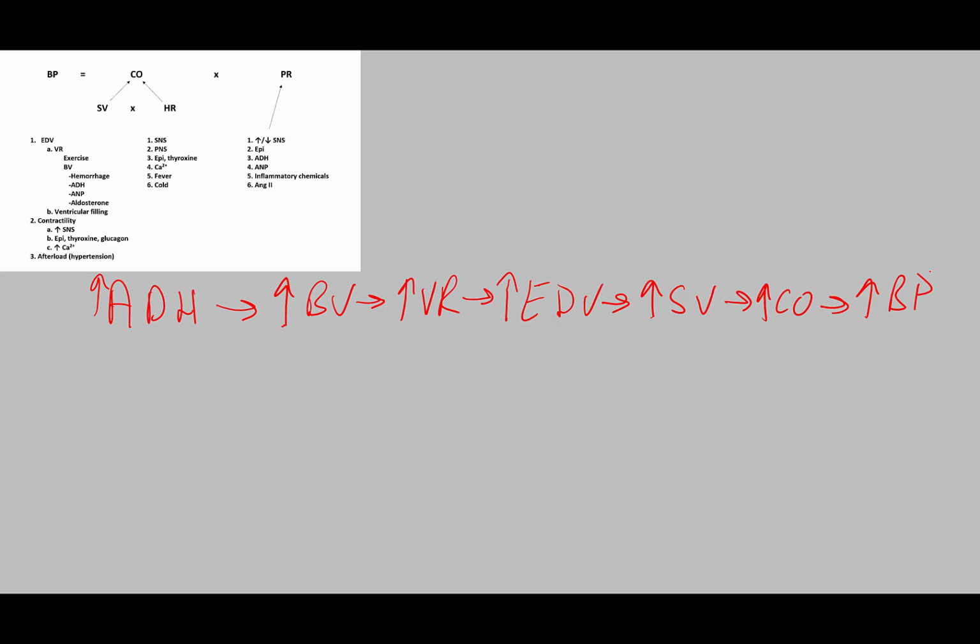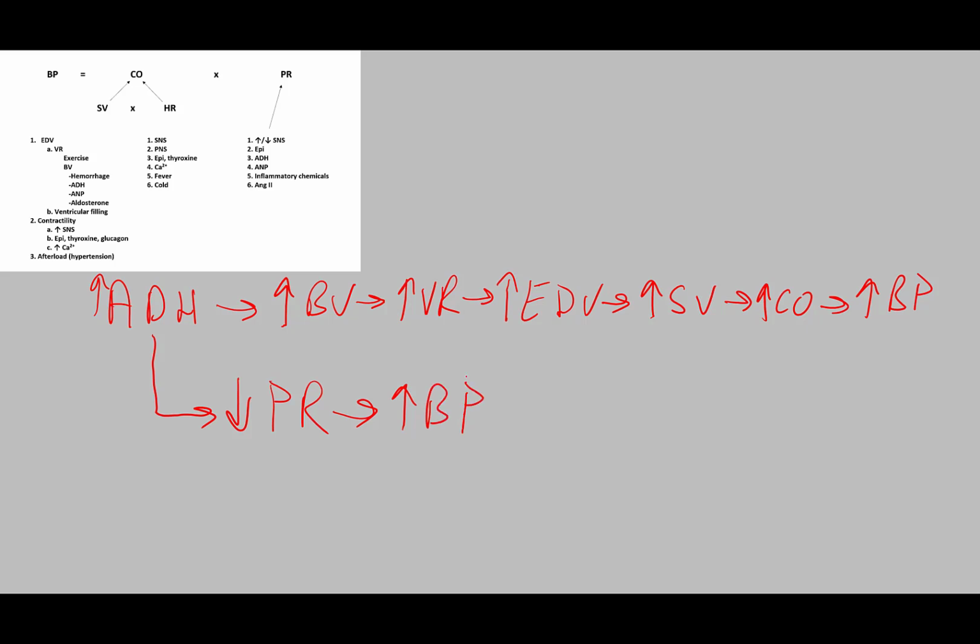Now I said it was tricky because all this that we've just done, we've already seen. But ADH, if we look on our chart, we see ADH right here. But we also see ADH over here. Some of these things are in more than one spot. So what we would do is we would say everything that we have here, but we say also ADH separately from that causes vasoconstriction, which increases peripheral resistance, increasing blood pressure.